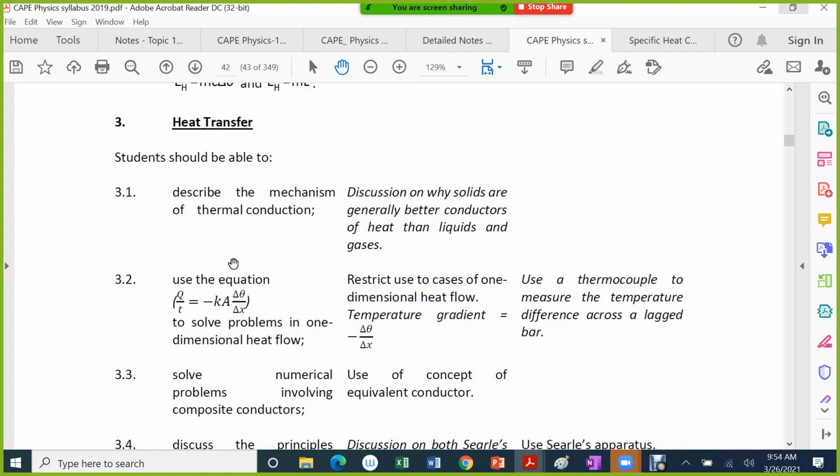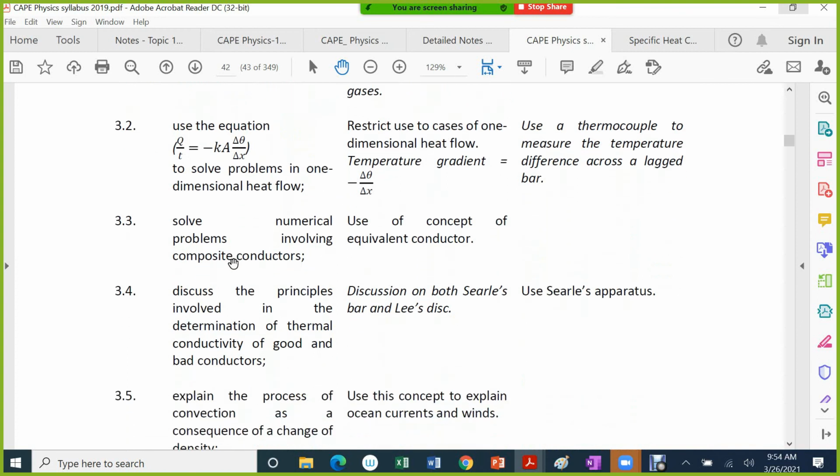But this now is going to give us greater detailed information as to how we could find the temperature gradient, or the thermal conductivity of the material, all of those things. And there are also procedures that we have to discuss.